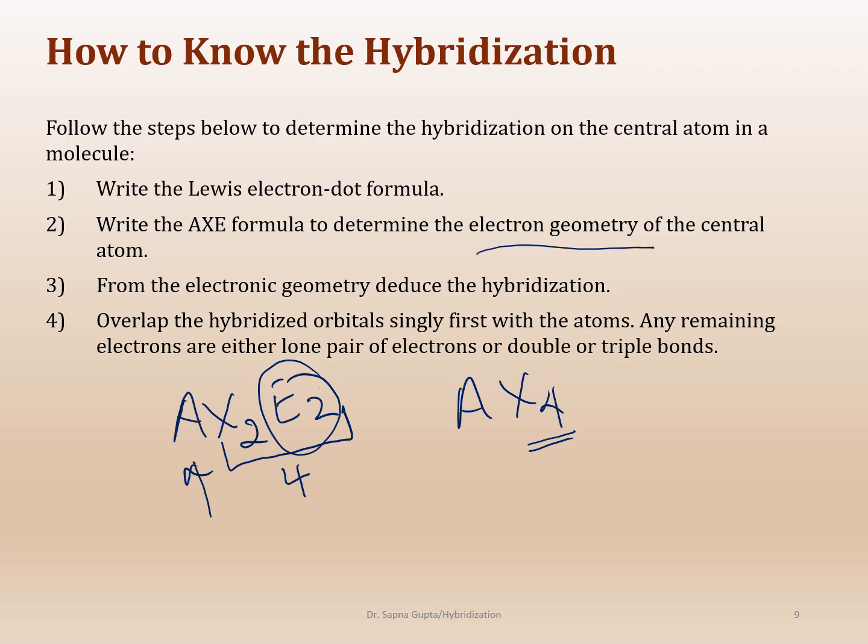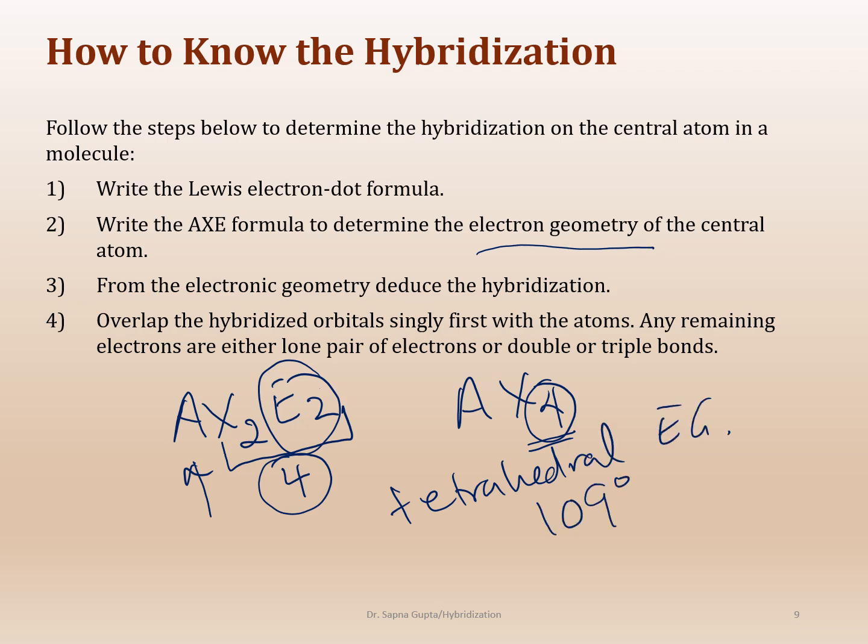The electron geometry is how many electron groups you have around the central atom. So if you have AX4 or AX2E2, both of them are going to have a tetrahedral electron geometry. Both of them are going to have a 109-degree bond angle. What the shape is going to be is determined by the number of atoms connected. So AX2E2, which is the AXE formula for water, you have the 2 lone pairs of electrons here.